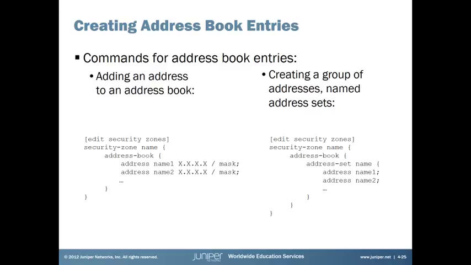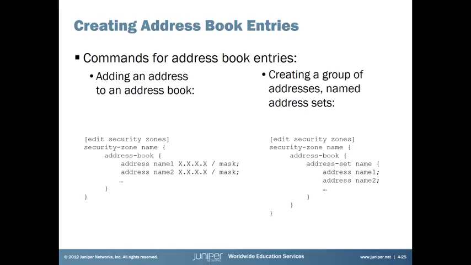Okay, so these are our address books here. We would have an address name. It might be FTP server, with an address slash whatever. We might have another one, which may be web server, and it's got an address. These addresses go underneath a zone.